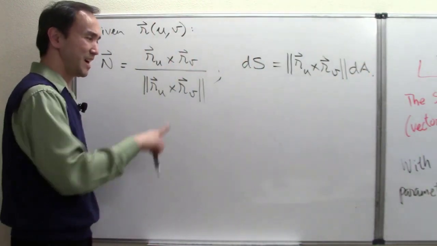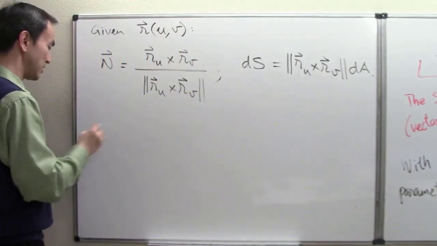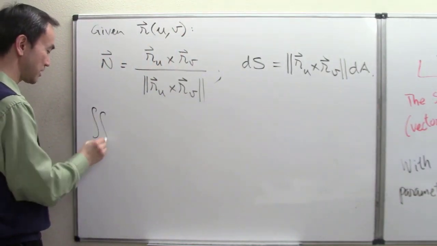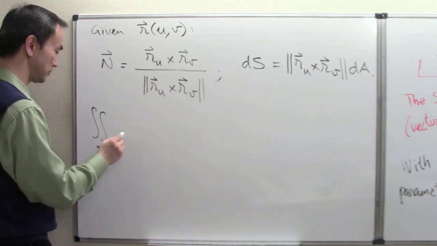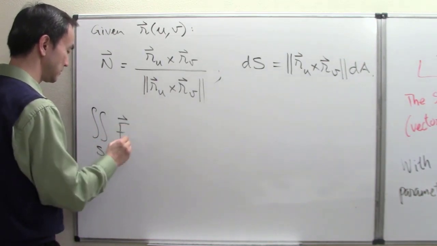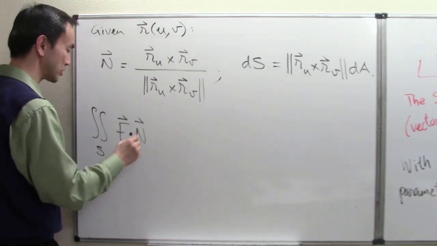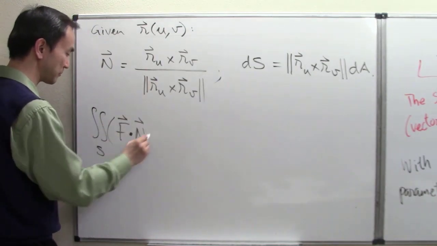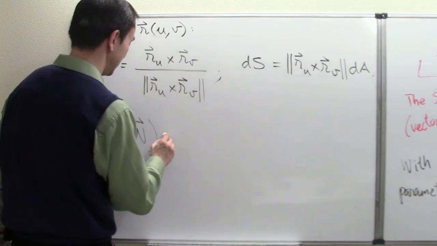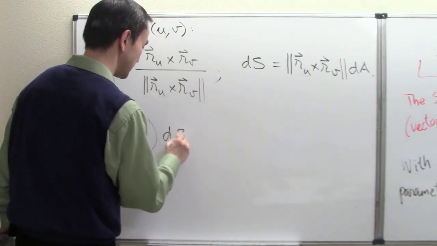All right, so now with these two results, think about it this way. Our starting surface integral in the beginning was the vector f from the vector field in dot product with the unit normal vector, and then multiplied with ds.